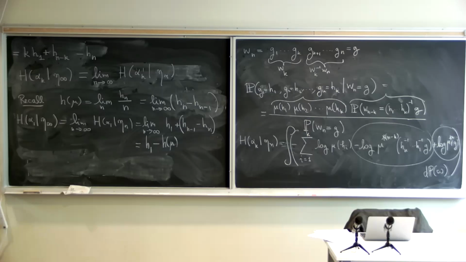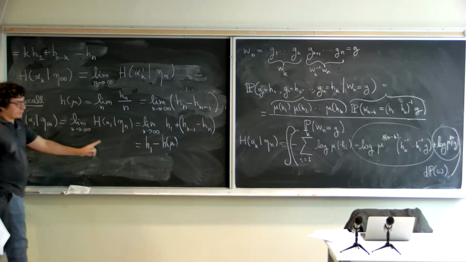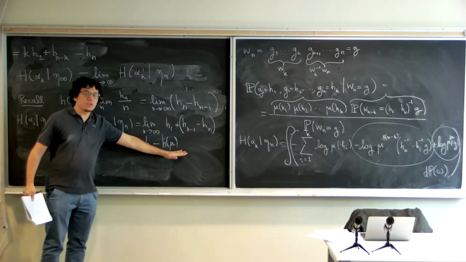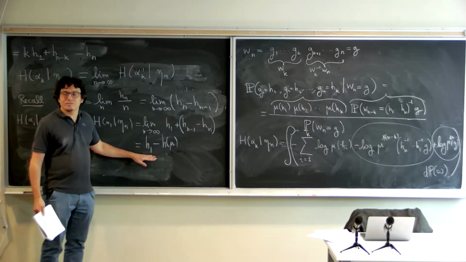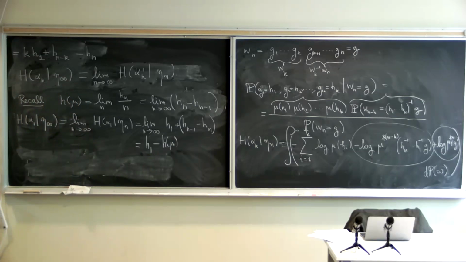So this is the first interesting fact: if you want to know the conditional entropy between step 1 and infinity, the tail, this is the difference between the entropy of step 1 and the asymptotic entropy. So that's kind of neat, actually. And in fact, a version of this exists for each k.